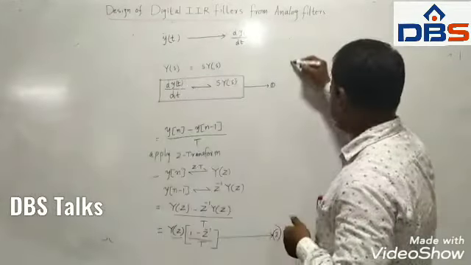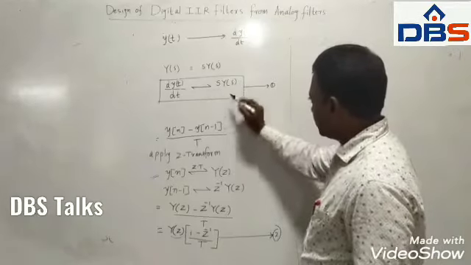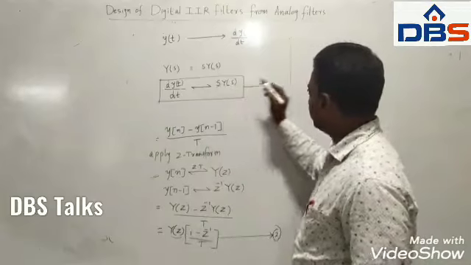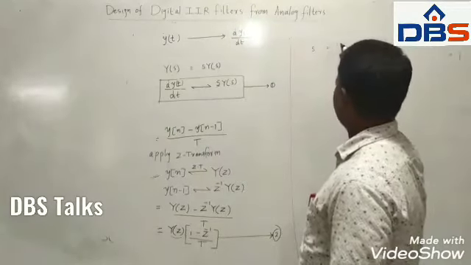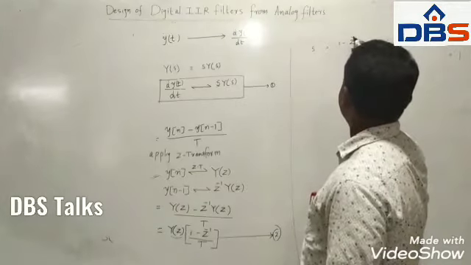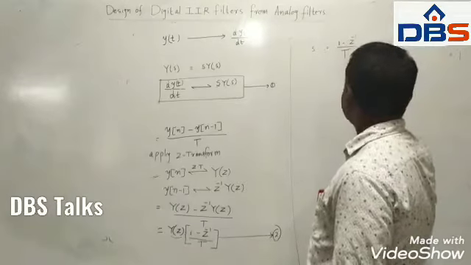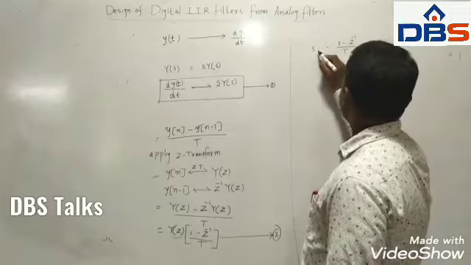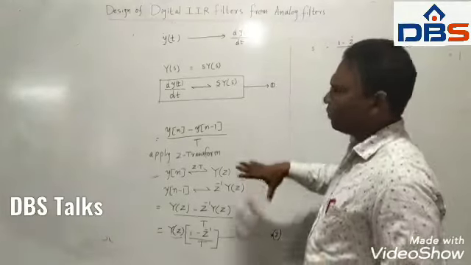If you compare closely, in the place of Y(s) you have Y(z). What is the remaining thing? So s is equal to 1 minus z inverse by T. This is the important equation to transform the S domain to the Z domain. That is what we are doing in this entire procedure.